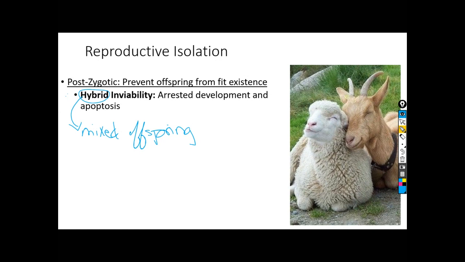This would happen in the womb, directly after fertilization, very early on, less than 10 cells. So you would not see any significant development. This is what I mean by apoptosis, which literally means cell death. So you would basically see fertilization of that egg, and then with a handful of mitosis, it would immediately die.